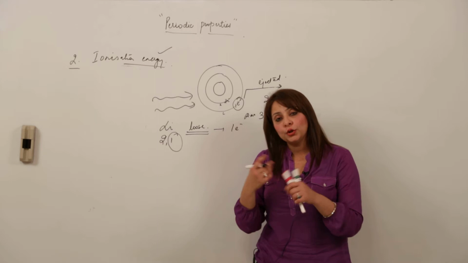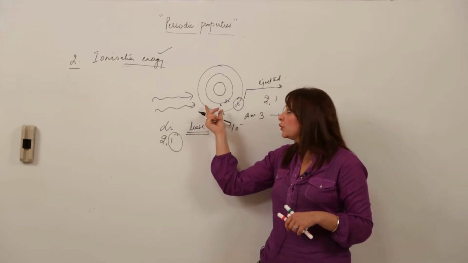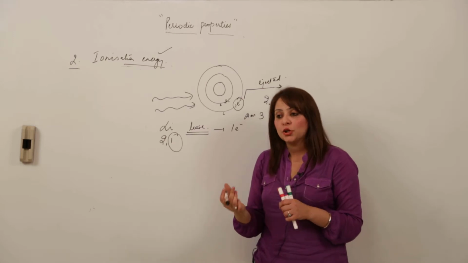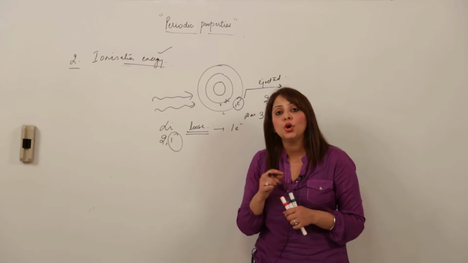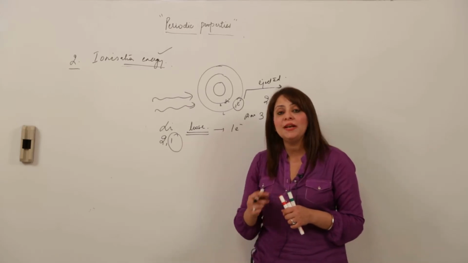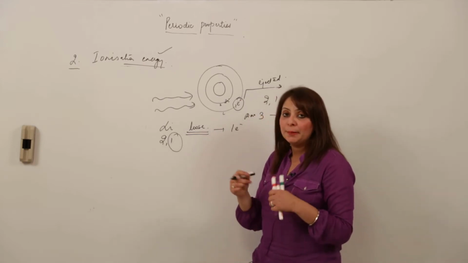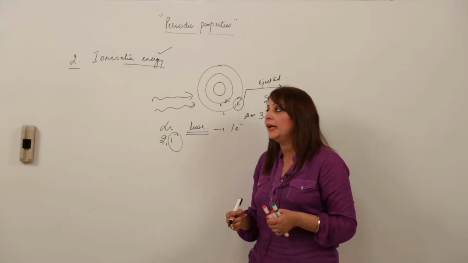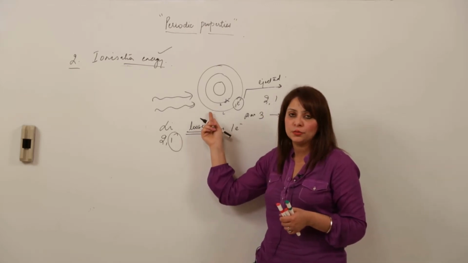Any electron which is lost, is lost through the valence shell. Inner shells do not participate at all. So in bond formation, the shell which is involved is the valence shell. Just keep in mind, the electron which is coming or the electron which the atom is losing is the outermost electron. Everything is happening on the outermost shell.